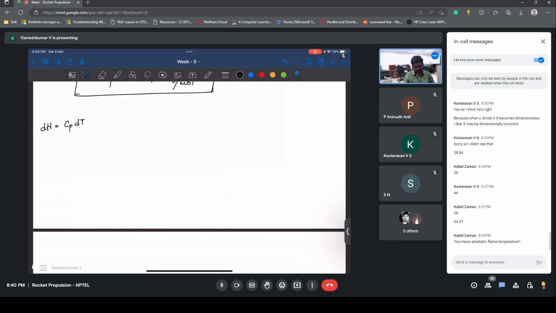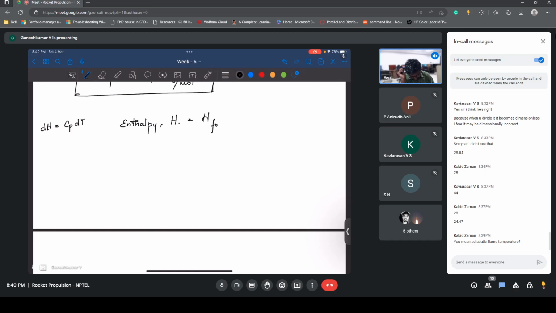Here we are going to express energy in terms of enthalpy, H. There are two kinds of enthalpy: one is formation enthalpy, the other is sensible enthalpy. Let me write it here.